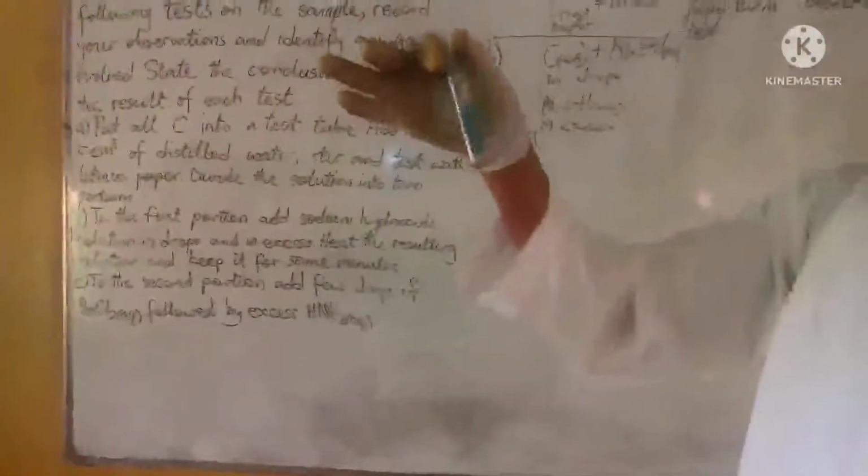As I add it, you see some precipitate, a reddish brown precipitate forms. Let me add it in excess now. As I added it in excess, you see this precipitate remains. Even more is forming. It doesn't dissolve. So we are going to report that.